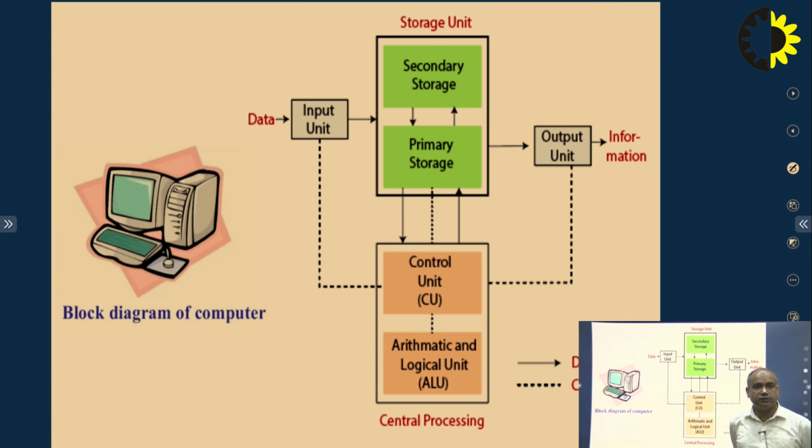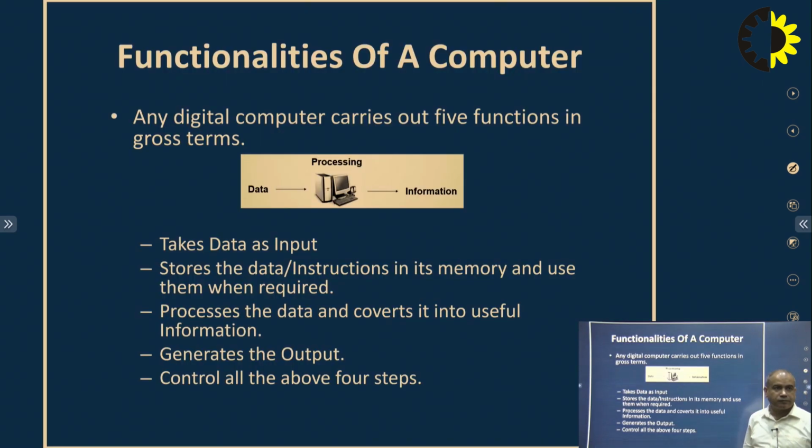In the storage unit, we have two types of memories: primary storage and secondary storage, which we will discuss later on. One important thing, we feed data through the input unit and we get information from the output unit, and these arrows show the data flow.